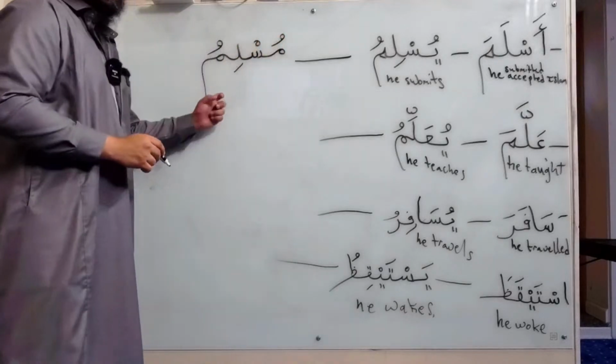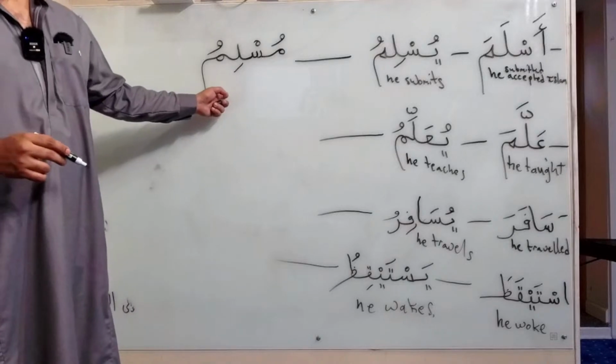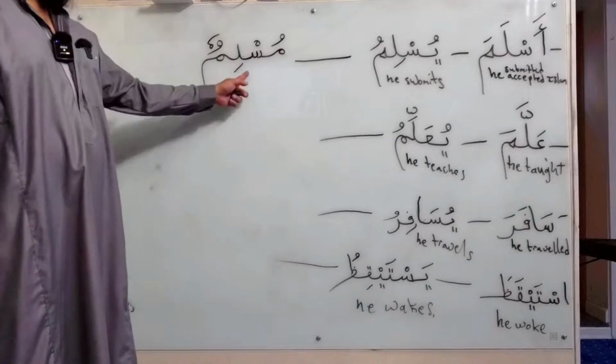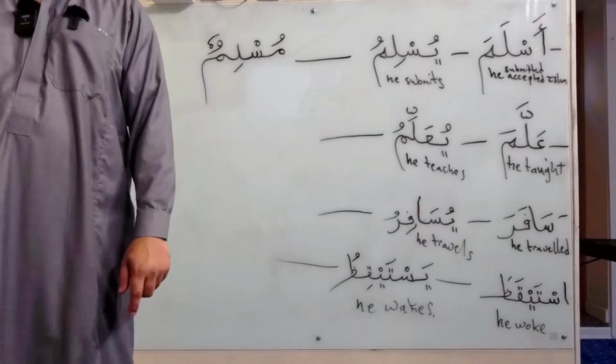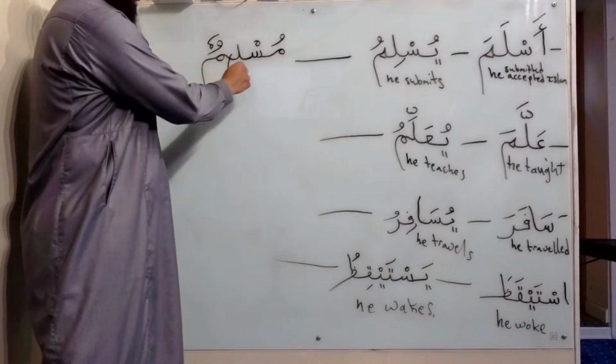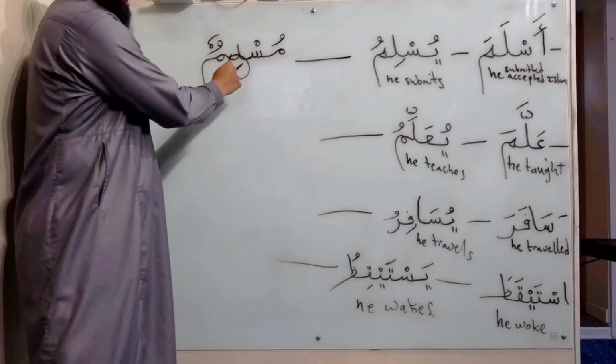Now remember, doers are nouns, so it's going to take a tanween as a default. So you end up with muslim. Just make sure that the second to last letter has a kasra.